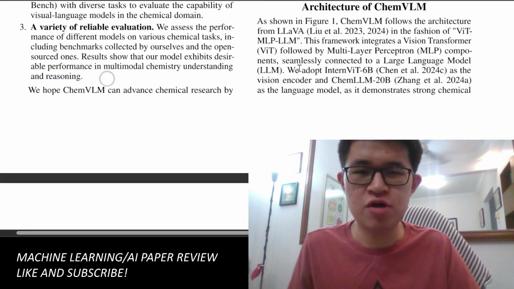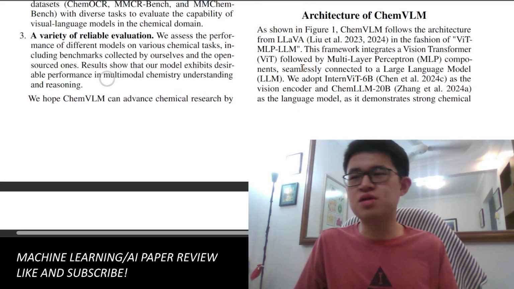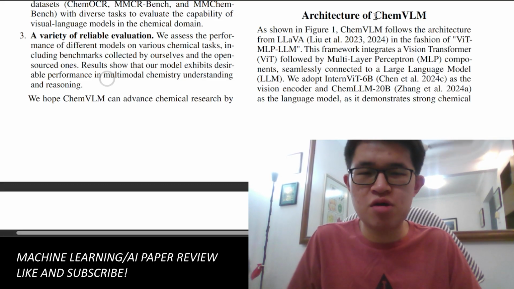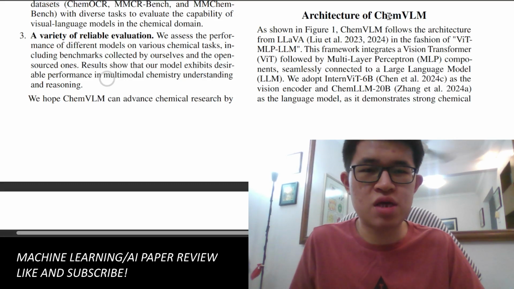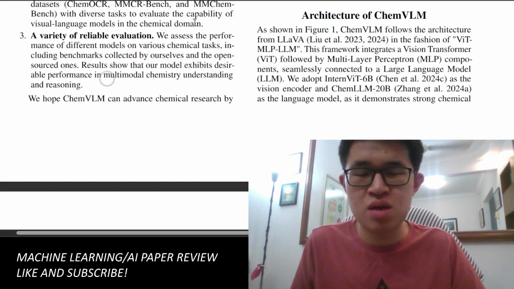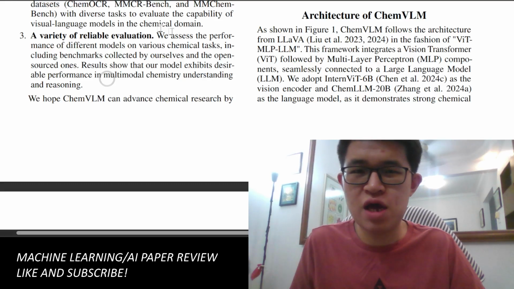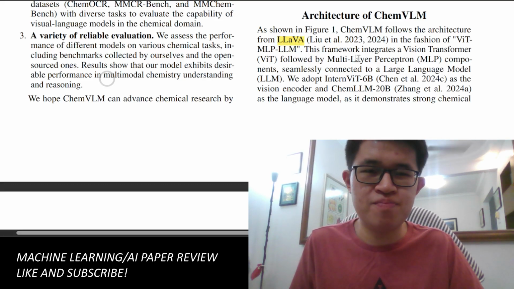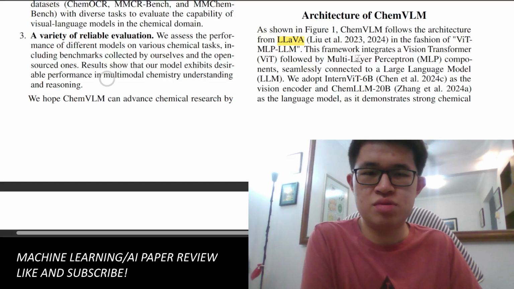Okay, let's move on. Now we have finally come to the meat of the paper: the architecture for their ChemVLM. They admit that their approach follows the model called LLaVA.